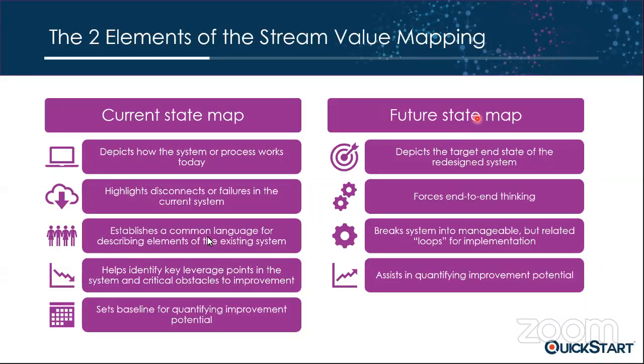And to create the future state map could take longer, right? Because you need to depict the target state of the redesigned system, and to estimate that. This is a more detailed estimation, and you need to estimate effort, resources, cost, time. So it's really hard work.